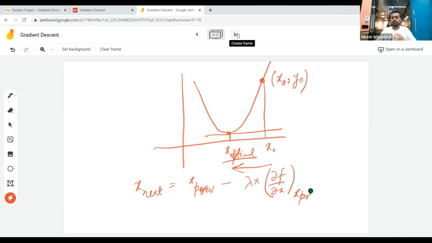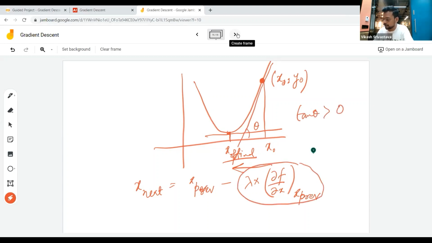So in this case, let's say we start from here. Of course, the gradient is positive because this tan theta is greater than 0. So the gradient is positive, so this entire term is positive. In this case, x next will be less than x prev, so our x next could be somewhere here.